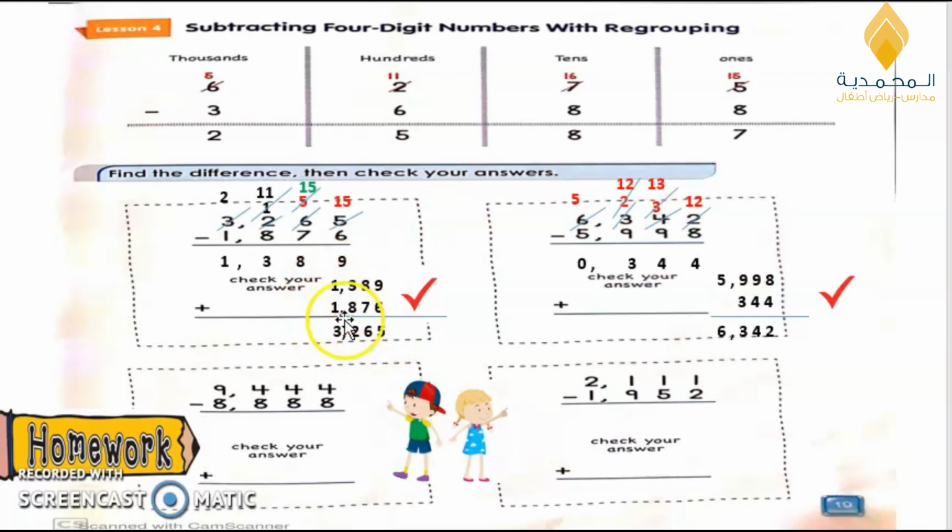Excellent. You can do it yourself. We talked about adding before. So 3,265, here it is. So, is our answer correct or not, students? Good job. It's correct. Excellent. Let's move to the next question.